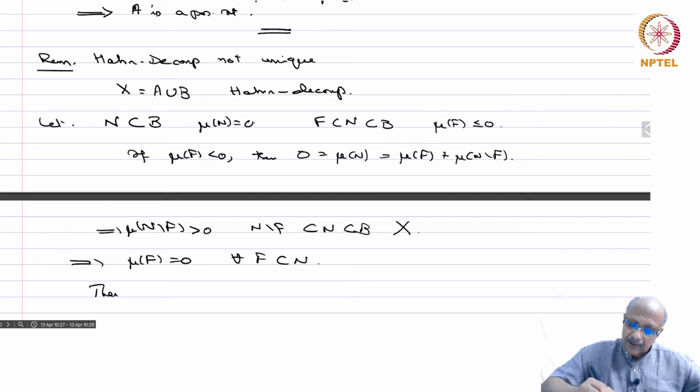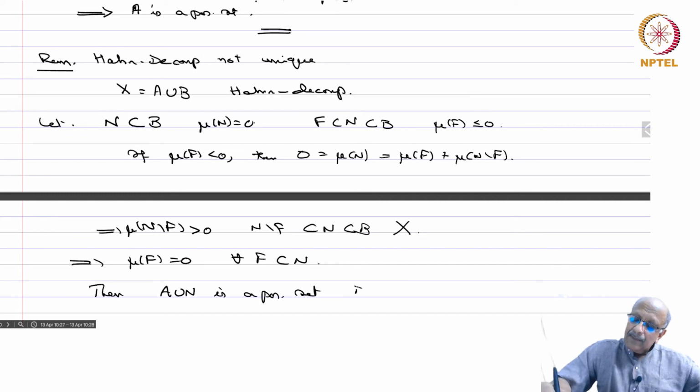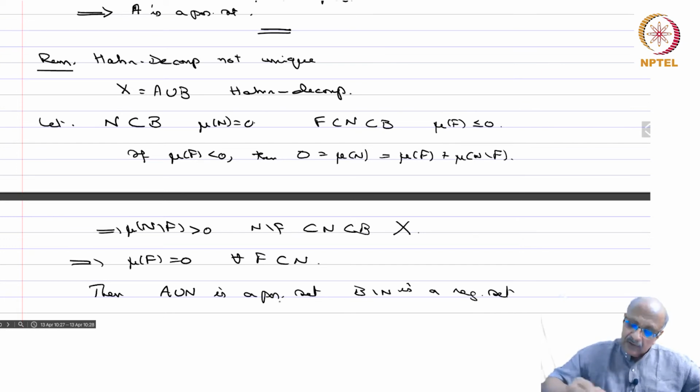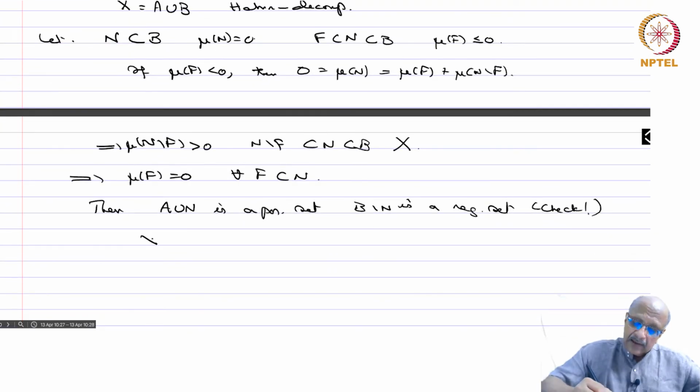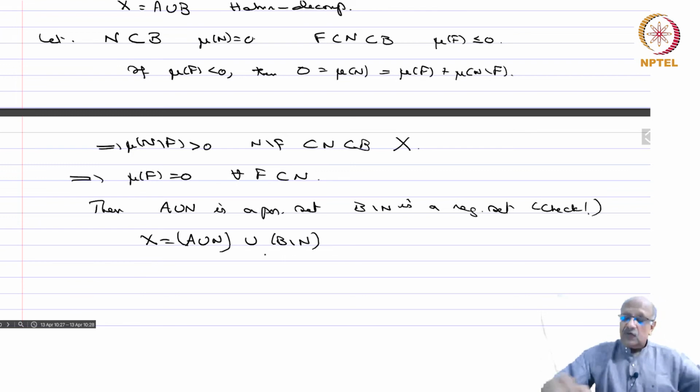Then A union N is a positive set and B minus N is a negative set. And check: X equals A union N union B minus N, and these are disjoint, and therefore this is another Hahn decomposition.